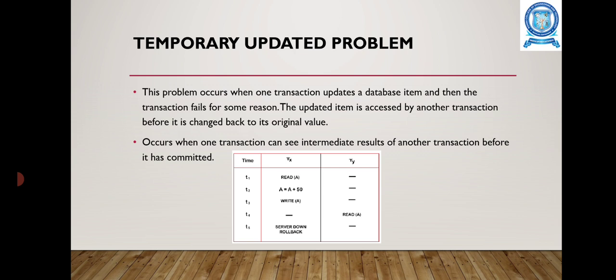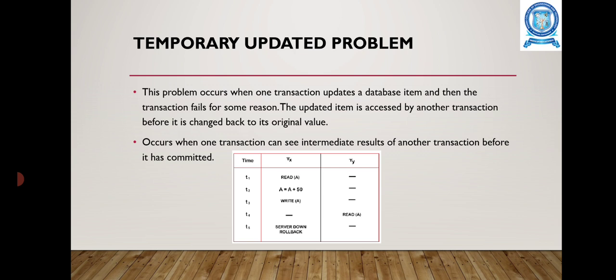At time T1, transaction Tx reads the value of account A, that is 300. At time T2, transaction Tx adds 50 to account A, that becomes 350. At time T3, transaction Tx writes the updated value, that becomes 350. At time T4, transaction Ty reads account A, which will be 350.